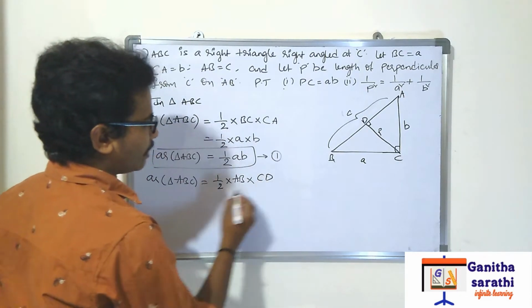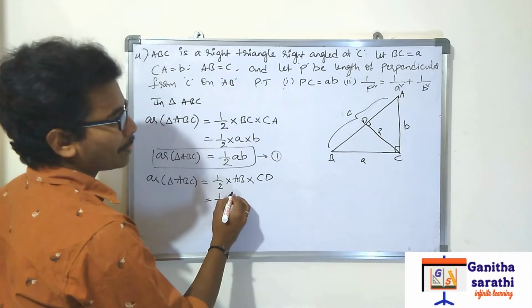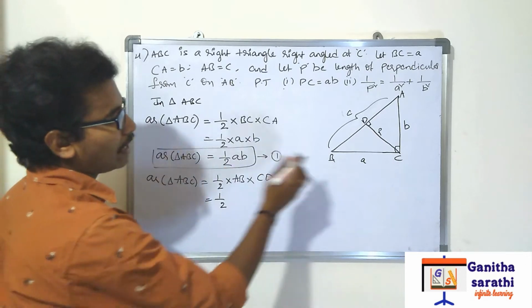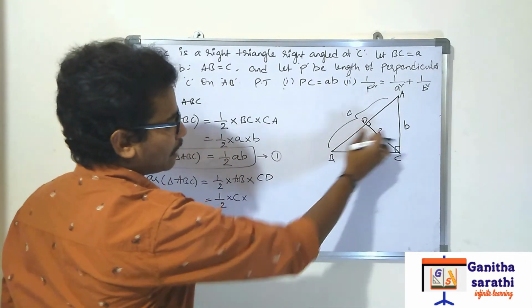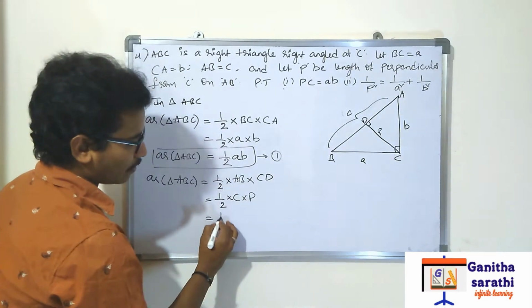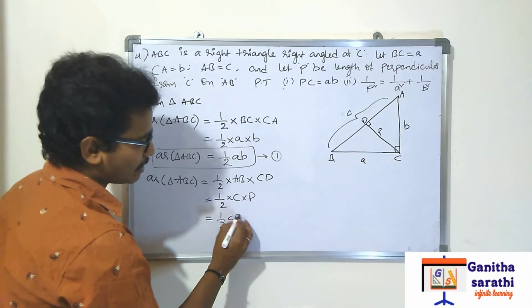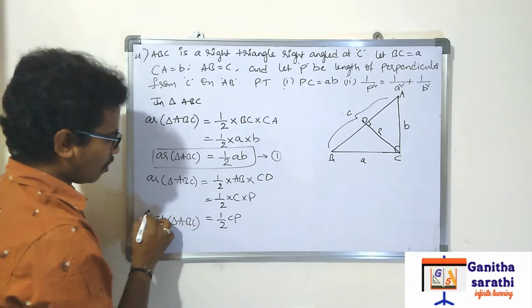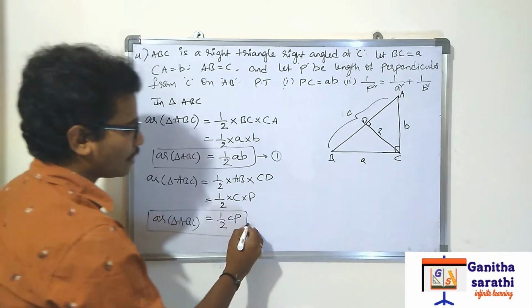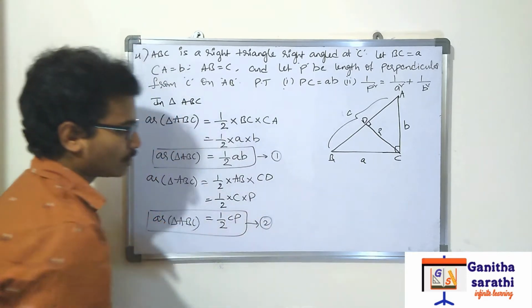Half into AB, whose value is c, into CD, which is the perpendicular P. That is equal to half into c into P. So the area of triangle ABC is equal to half into cP.